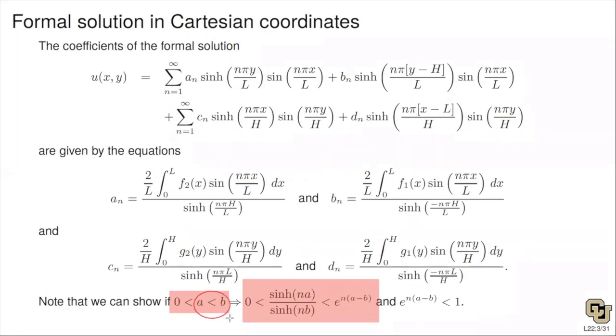So if n is an integer 1, 2, 3, this is e to a negative number, so this will be less than 1. And as n goes to infinity, this exponential term will shut down to 0 very quickly.